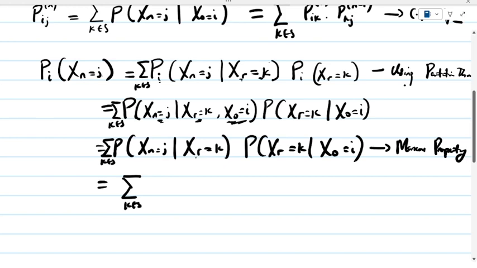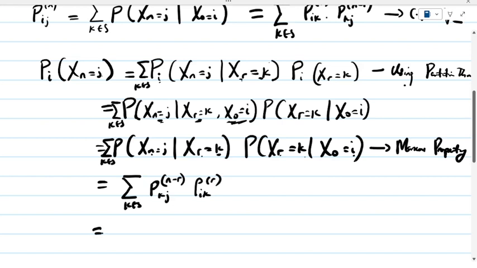Then I want to rewrite this using matrix notation. I have the probability of k to j, and that is over n minus r, and the probability of moving from I to k, and that is from r minus 0, which is r.